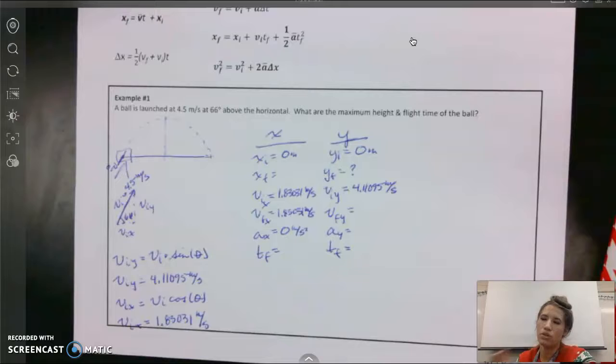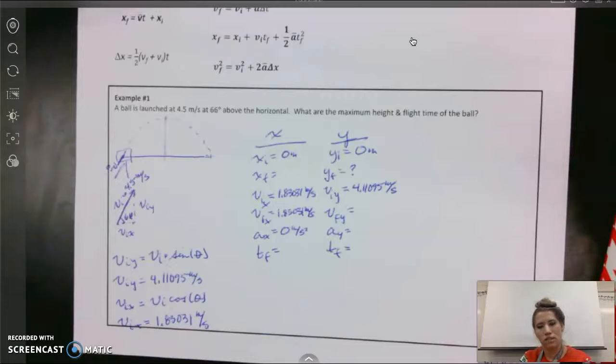Our velocity final in the y: well, we're right at the very top of our parabolic motion. Think of it if we were just focusing on the y direction. Let's say I throw this pencil up in the air, and it reaches the very top of that motion. It's slowing down, it stops, and then it speeds up as it comes back down. So at the very top, for the briefest of moments, the velocity in the y direction is 0.